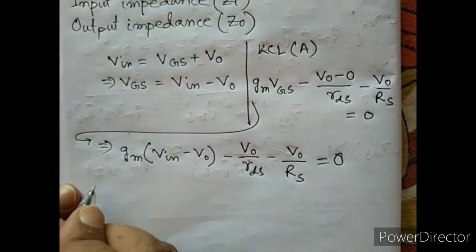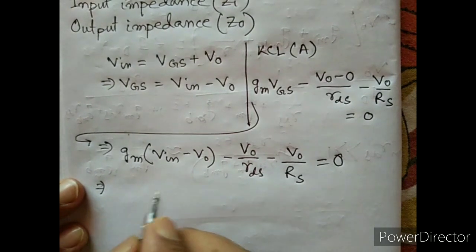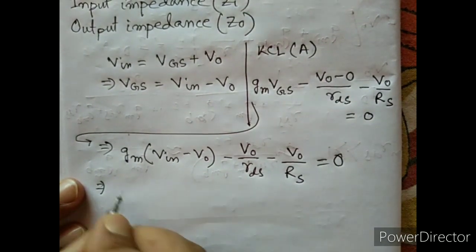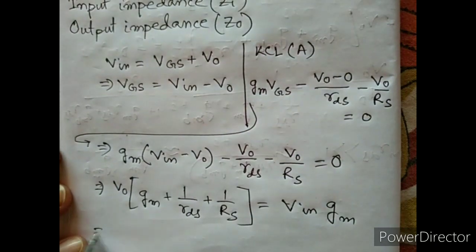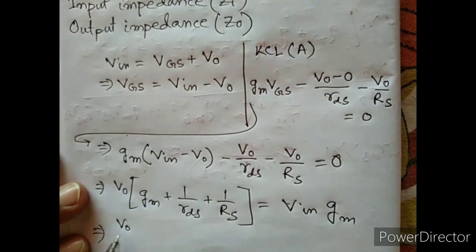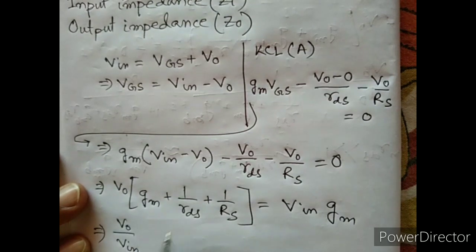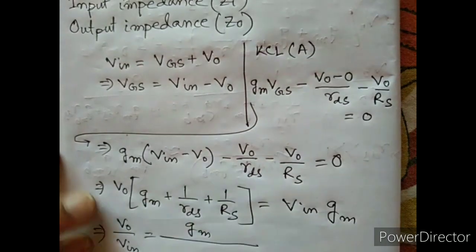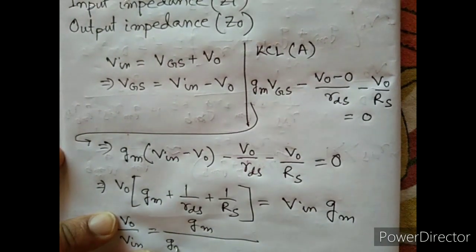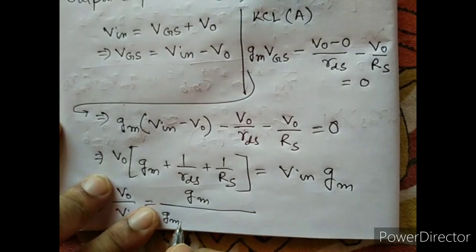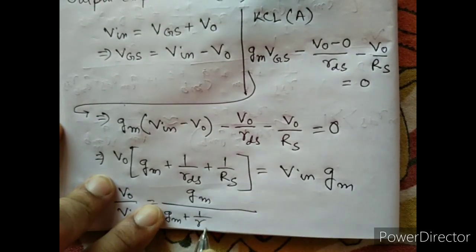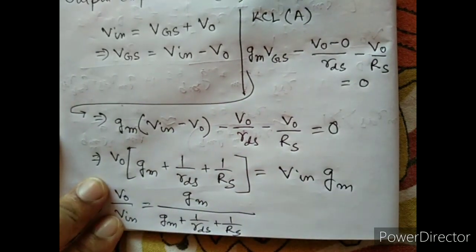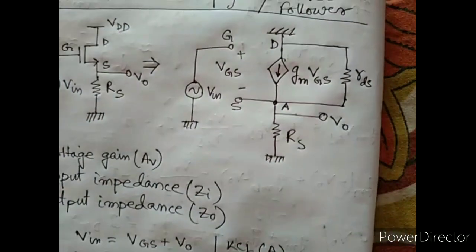Okay, now if we simplify this, we can take V0 common. Now if we find V0 by Vin, we get gm by gm plus 1 by RDS plus 1 by RS. Now RDS and RS are in parallel.